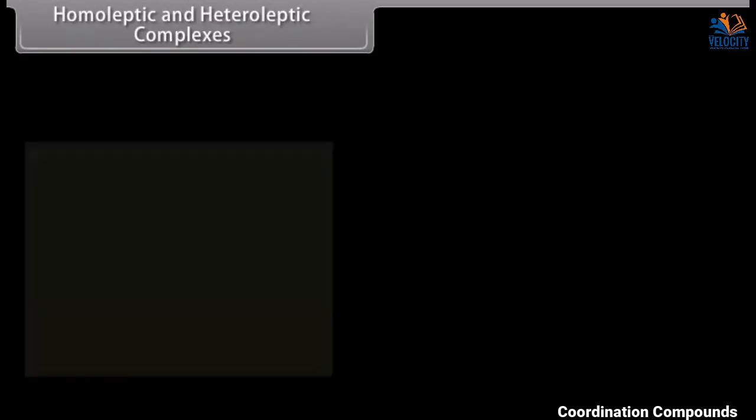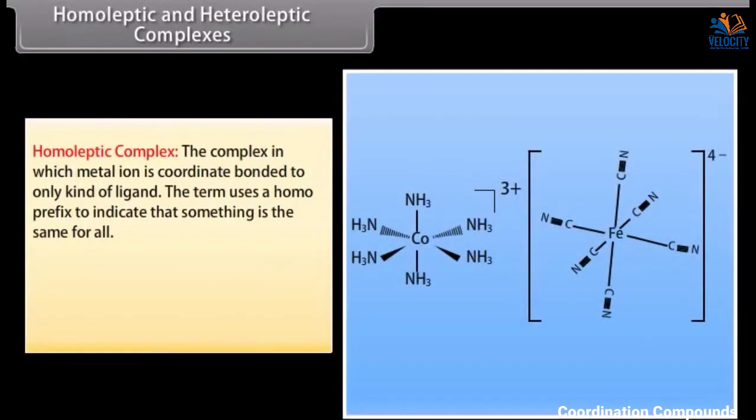Homoleptic and heteroleptic complexes. Homoleptic complex: the complex in which the metal ion is coordinate bonded to only one kind of ligand. The term uses a homo prefix to indicate that something is the same for all. For example, [Co(NH3)6]3+ and [Fe(CN)6]4-.